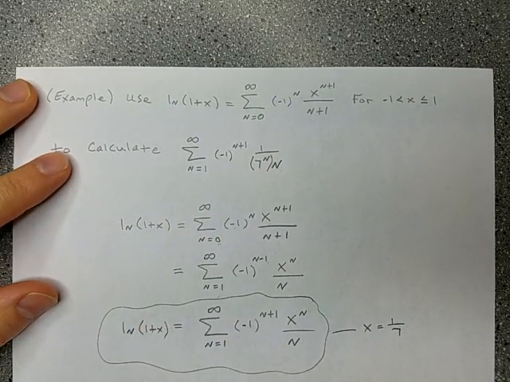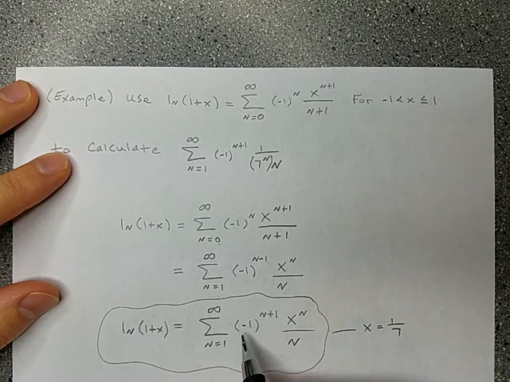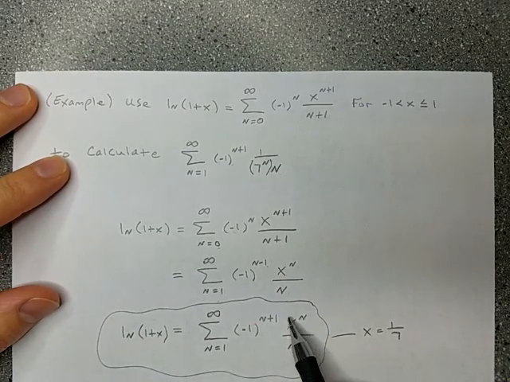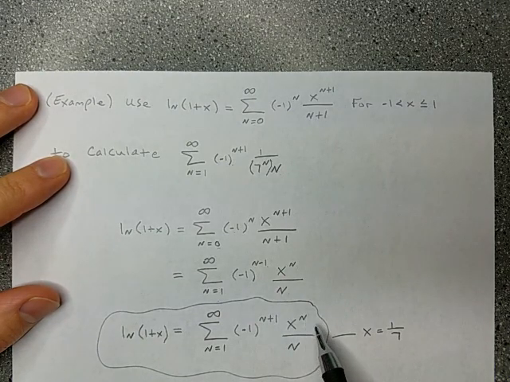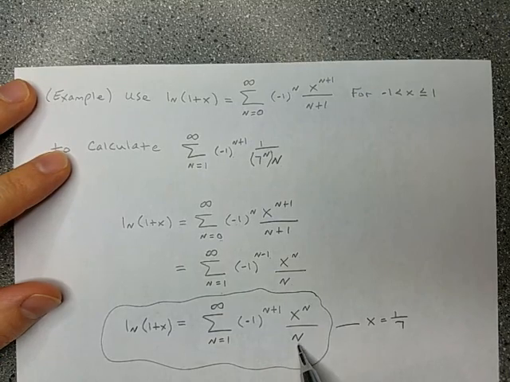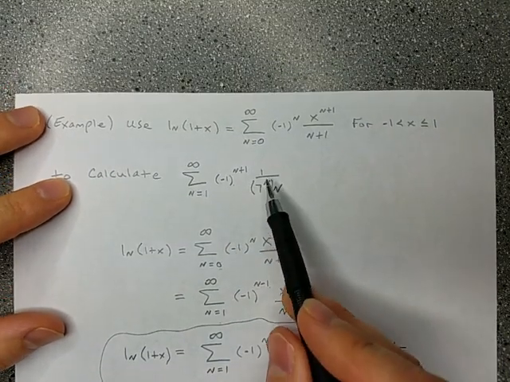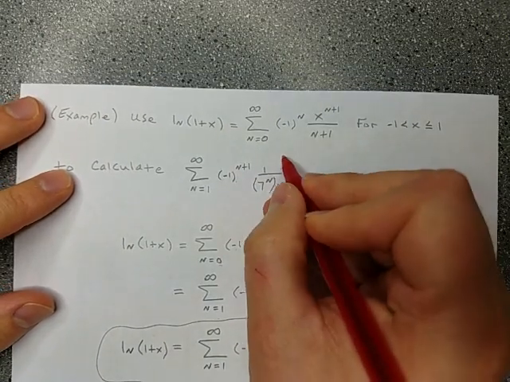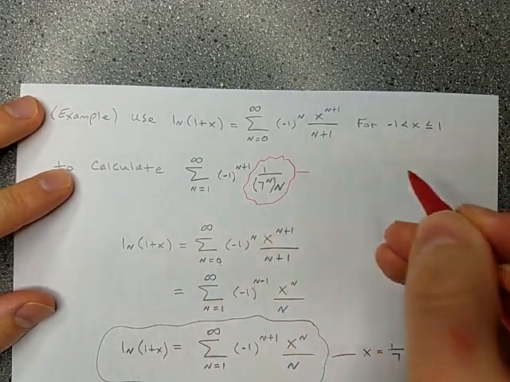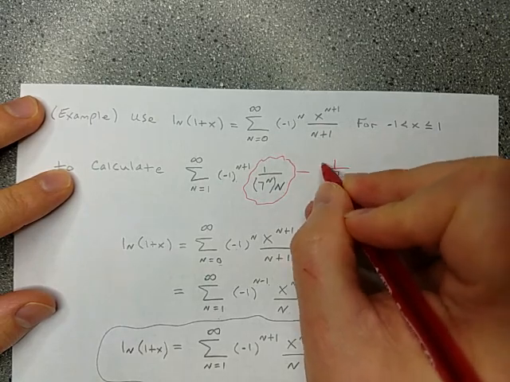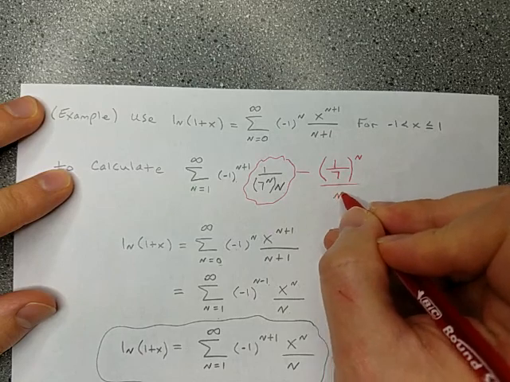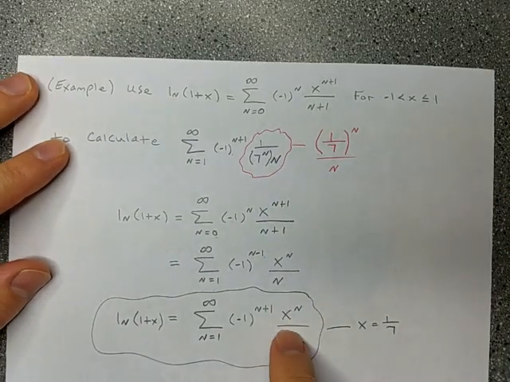It'd be the series from 1 to infinity of -1 to the n plus 1 power of 1 over 7 to the n power over n. That's the same thing as just putting the 7 down there. It's just a matter of algebra, but yes, this is like saying 1 over 7 to the n power over n. And that's what this would look like if you put 1 over 7.